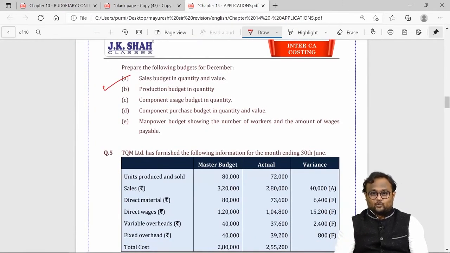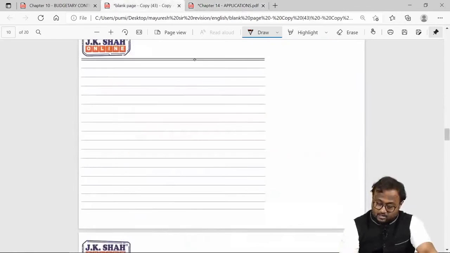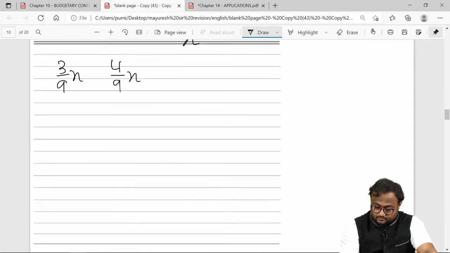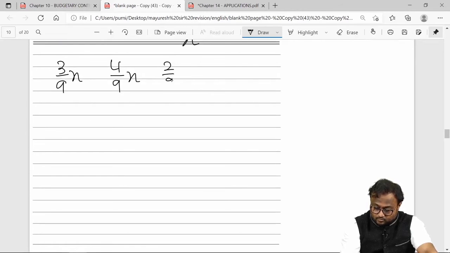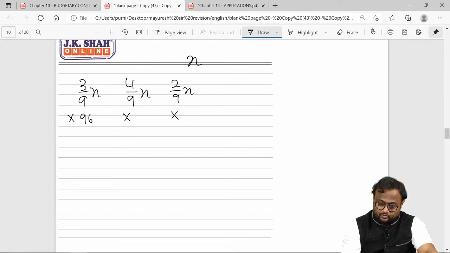Prepare a statement of contribution: sales minus variable cost, you will get contribution per unit. Assume total quantity to be X. So 3 by 9X, 4 by 9X, 2 by 9X multiplied by 96, contribution per unit of MCB, contribution per unit of DP will give you total contribution.